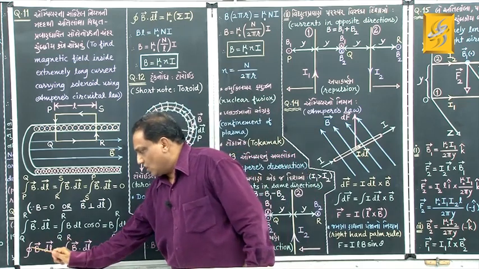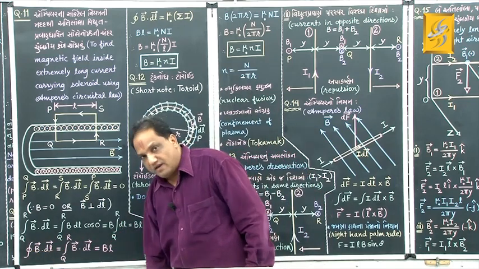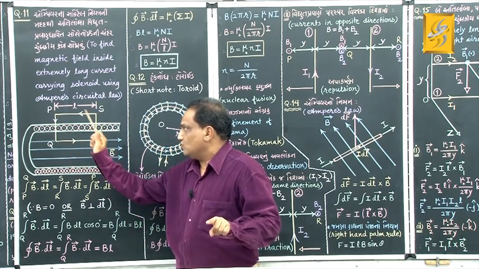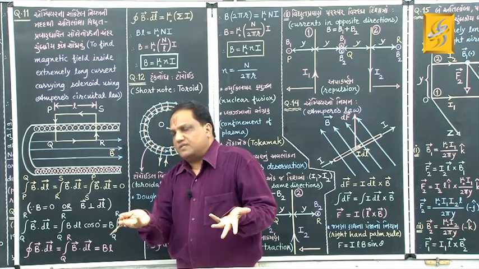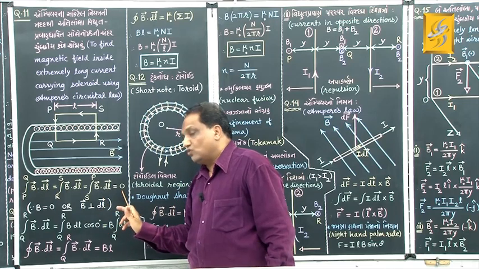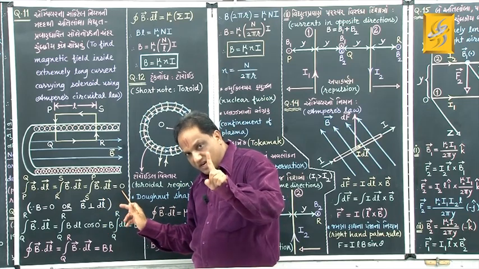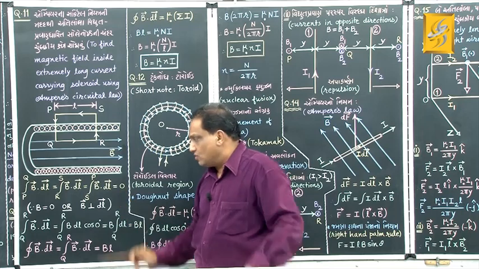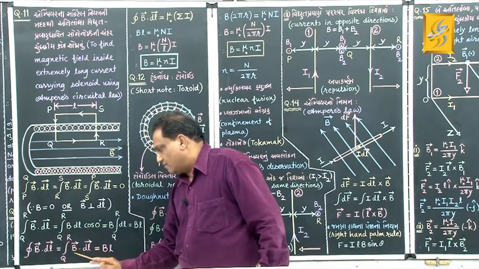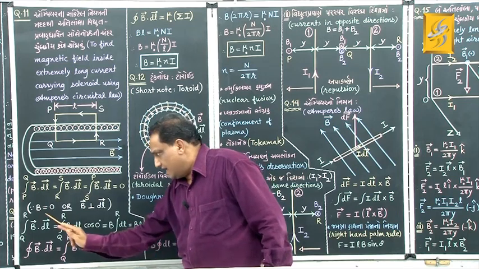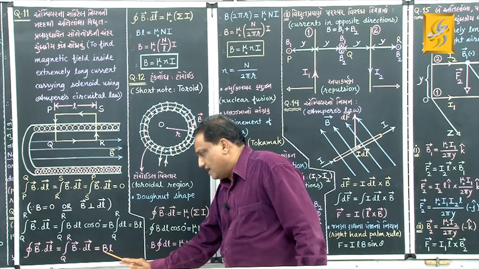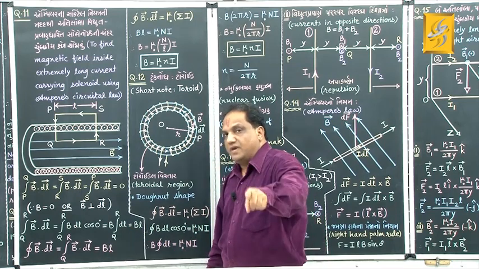Now I want the closed line integration of magnetic field over the Amperian loop P to Q to R to S to P, correct? Out of these 4 parts, on 3 parts that line integration came out to be 0, and only one part was left out in which the line integration is not 0, and that was the part from Q to R. From Q to R, vector B dot vector dl, its value we had found out to be B into L. And now apply Ampere's circuital law.